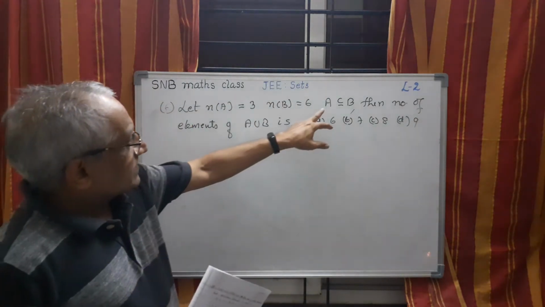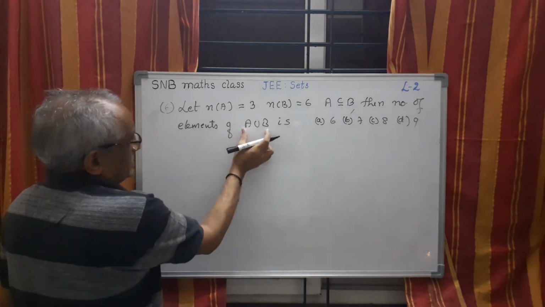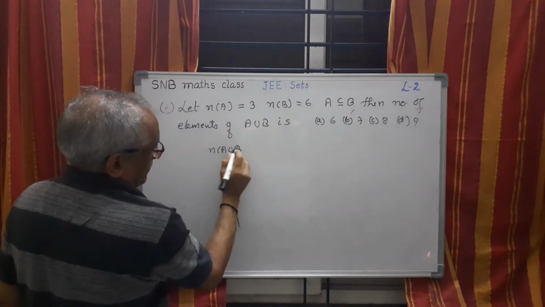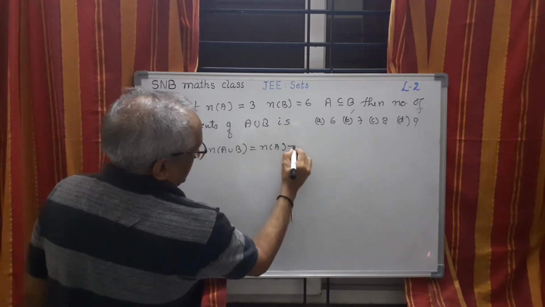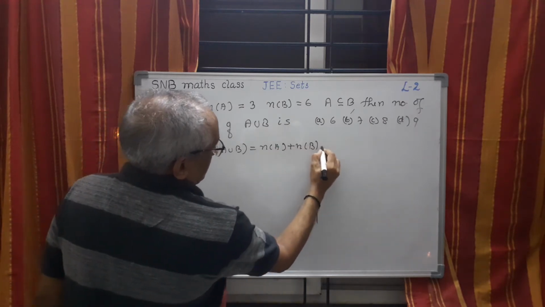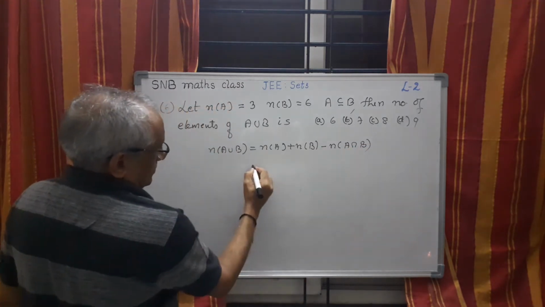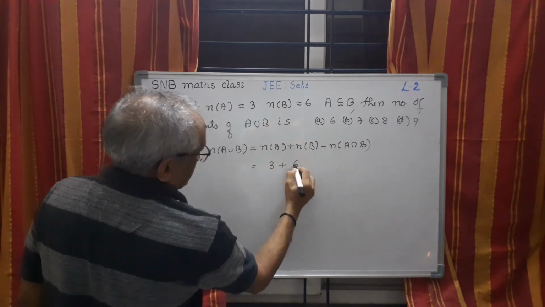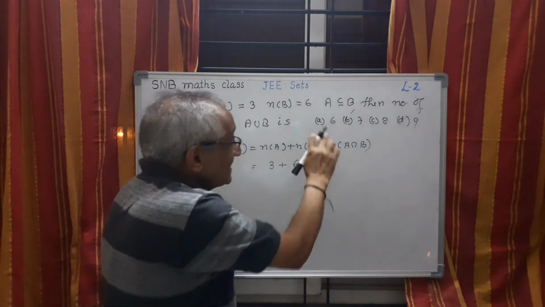So the condition is that A is a subset of B. We are interested in finding the number of elements. Therefore number of A union B equals number of A plus number of B minus number of A intersection B. Number of A is 3 plus number of B is 6. But this is not given, it is hidden actually.